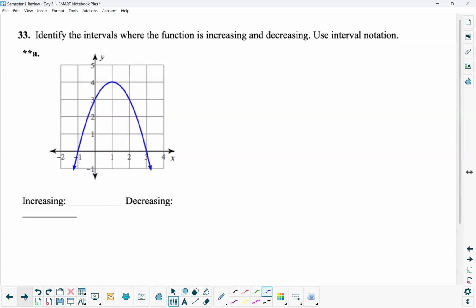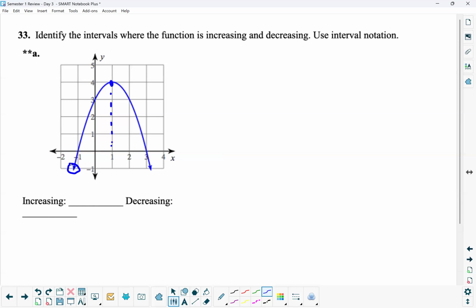Increasing and decreasing using interval notation. First of all, we'll notice that this function has a maximum. And that's important because that tells us this is the x value where it stops either increasing or decreasing. For the beginning, this graph is moving up as I move from left to right. That means it's increasing.